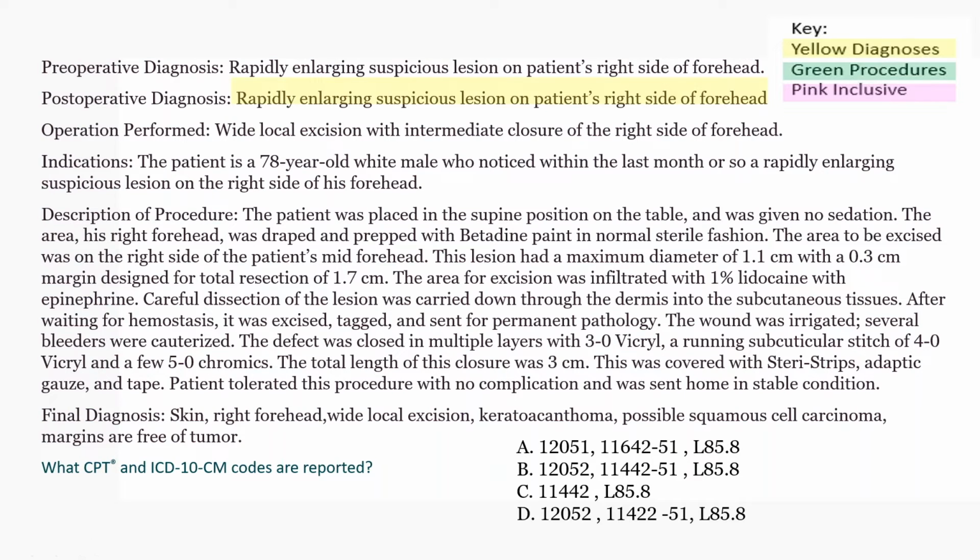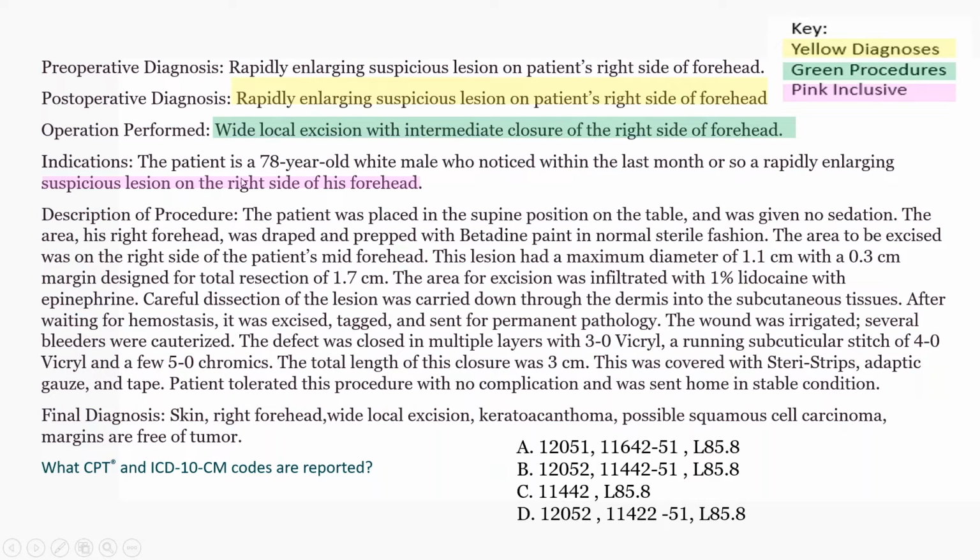You can see in this scenario the pre-operative as well as the post-operative diagnosis are both the same. Taking the post-operative diagnosis: rapidly enlarging suspicious lesion on patient's right forehead. The procedure performed is a local excision with intermediate closure of the right side of forehead.